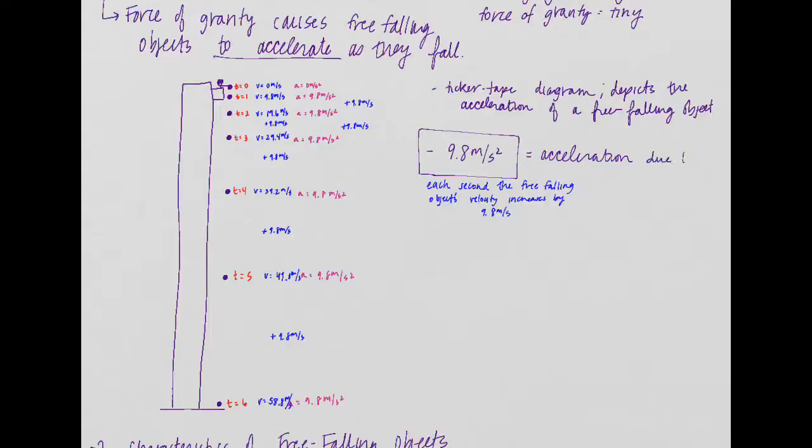I like "due to gravity" better, so I will probably say that more, but you could also call it the acceleration of gravity. So we're going to call it the acceleration due to gravity or the acceleration of gravity.